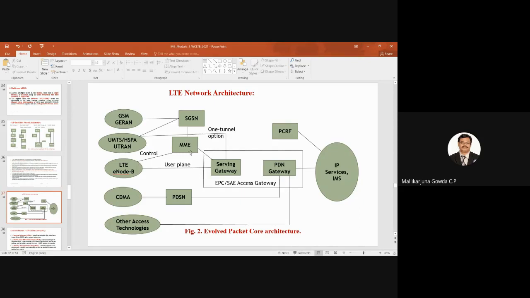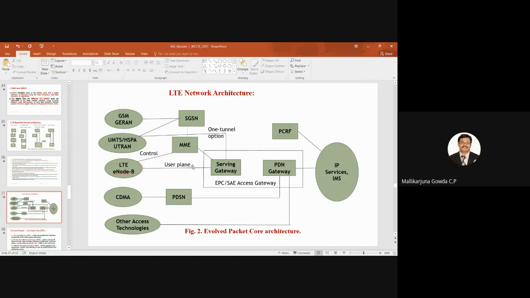So mainly, I will repeat once again. What I can say is user equipment, which is not shown here, that will be there. That is connected to E node B, that is LTE. From E node B, one is MME, that is mobility management entity. Another one is serving gateway. So two paths are there here. One is control path or control plane we say.